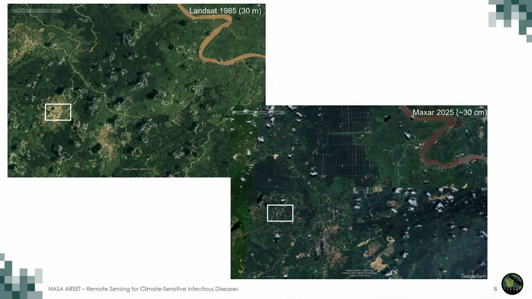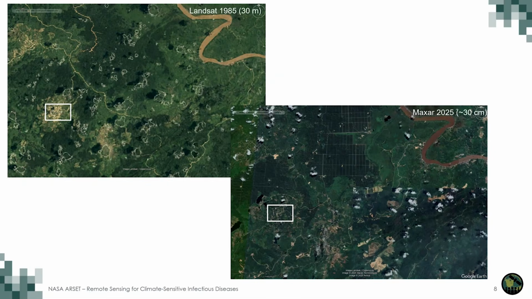And the one at the bottom right is an image from Maxar, a private constellation, which is a very high resolution satellite, imaging the Earth at 30-centimeter resolution. Comparing the two images, 30 meters and 30 centimeters, at this zoomed-out look, they look nearly identical.